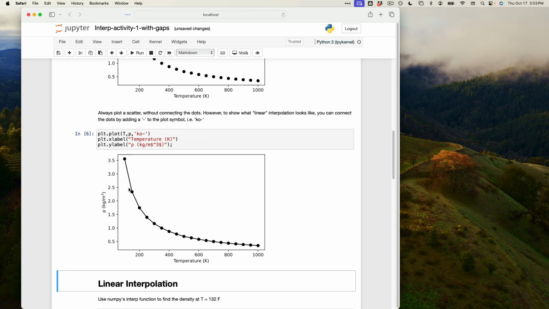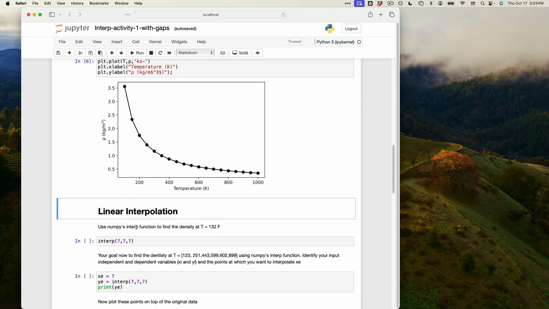Any plot that Python or MATLAB produces, when you put a dash between them, draws straight lines between each and every two points. That could be misleading if the change between the points is not a straight line. So be careful when you draw a straight line on scattered data or discrete data.